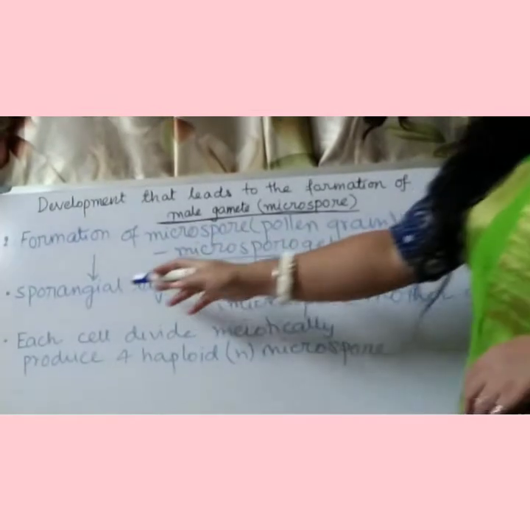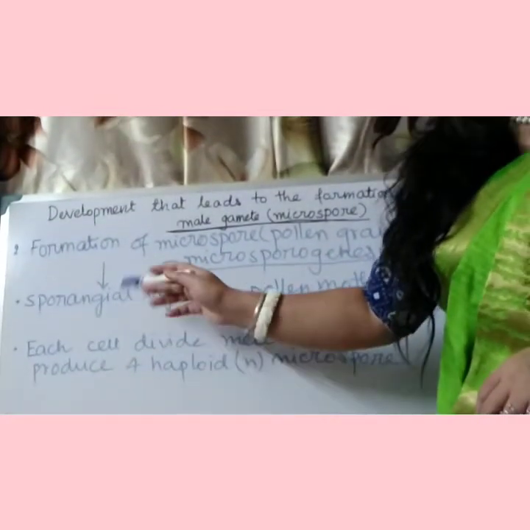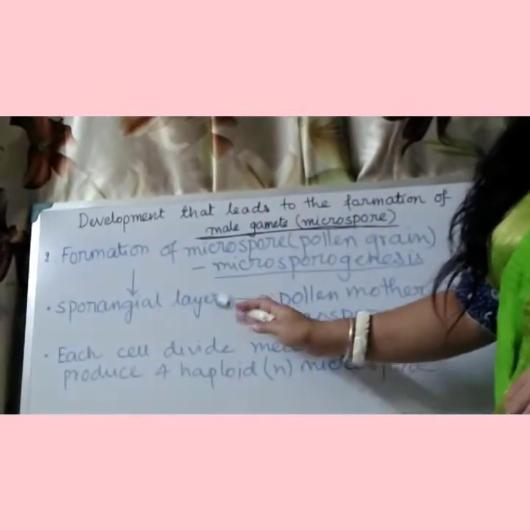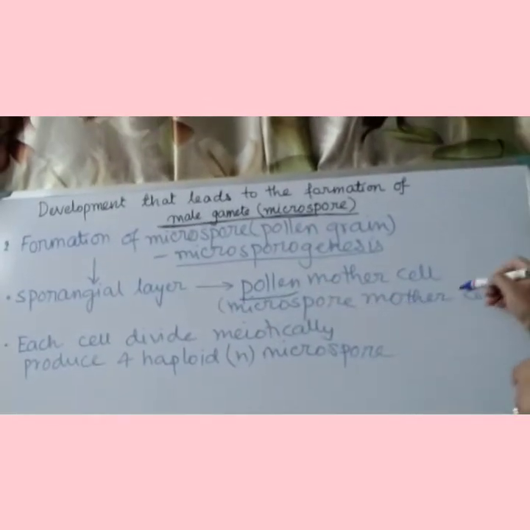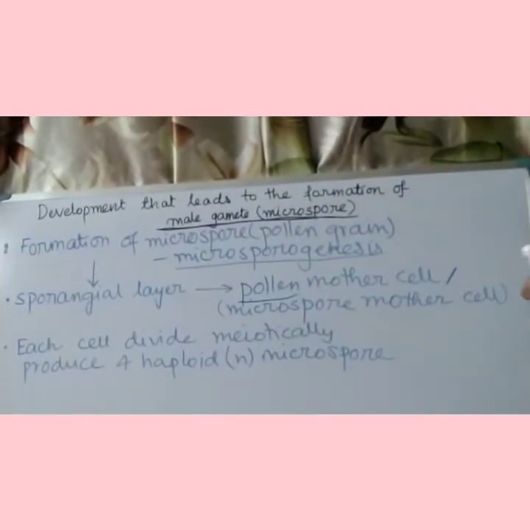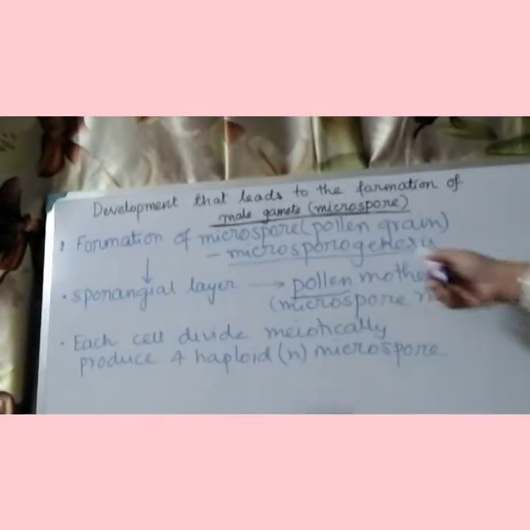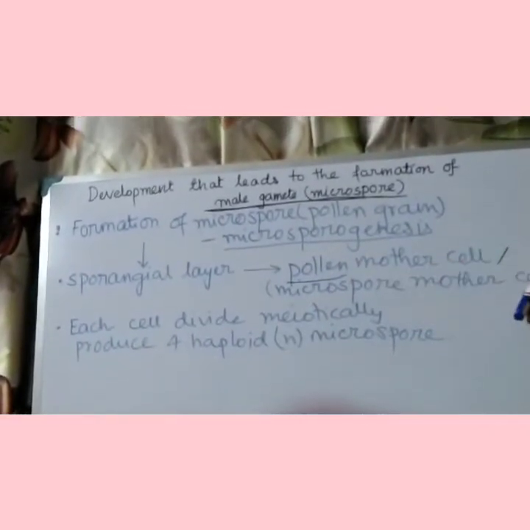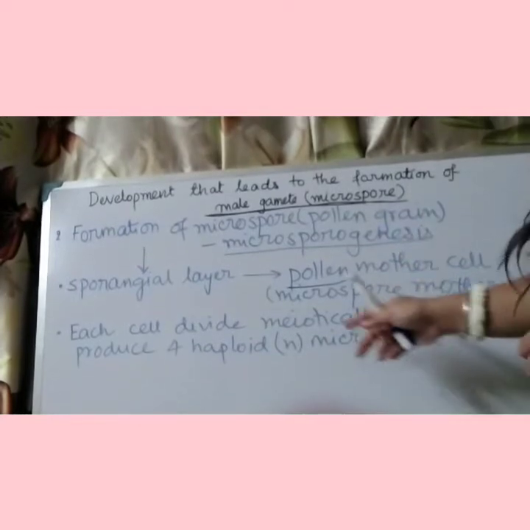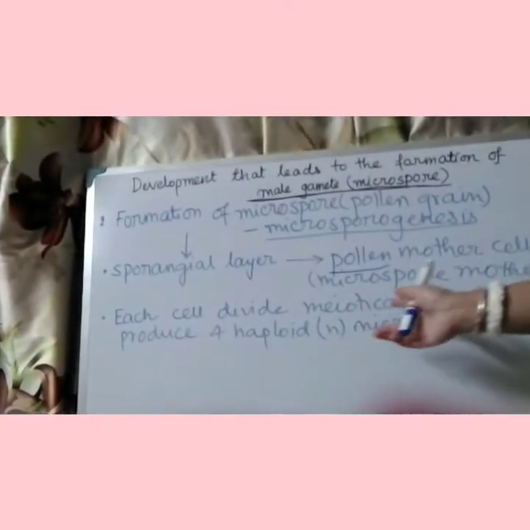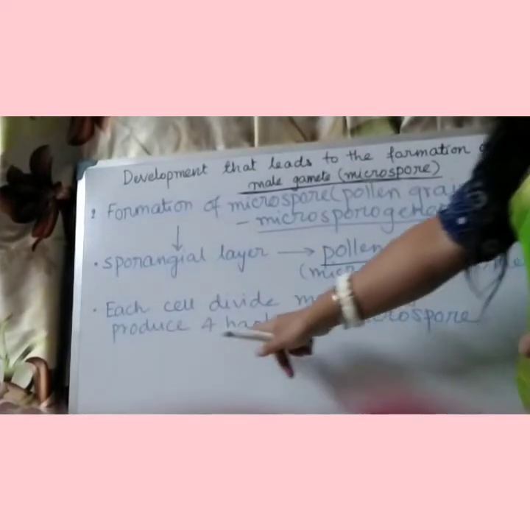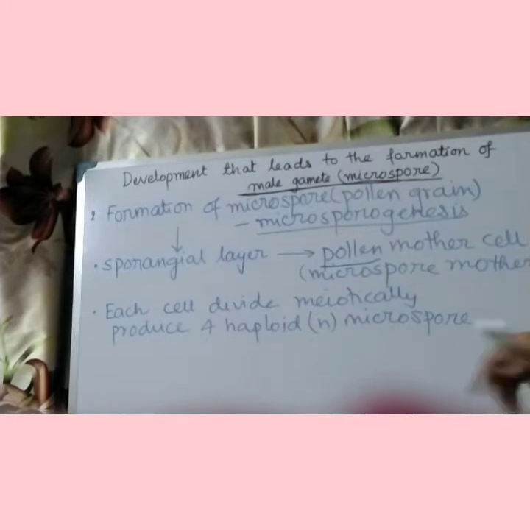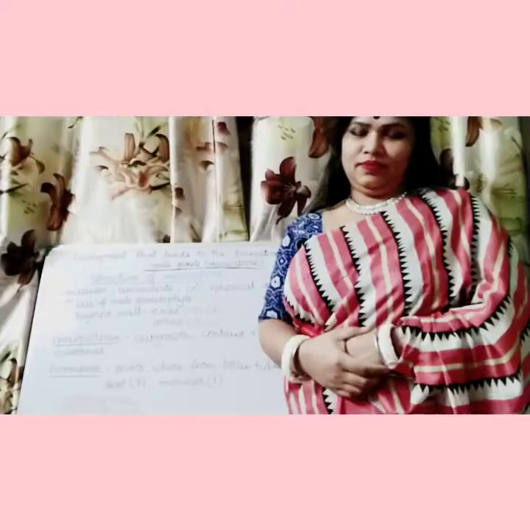Sporogenous cells divide and produce pollen mother cells, or microspore mother cells. Each cell divides meiotically, a reductional division, and produces 4 haploid microspores.